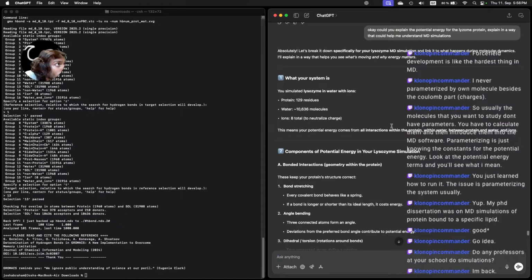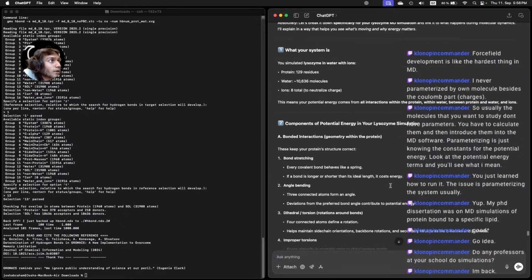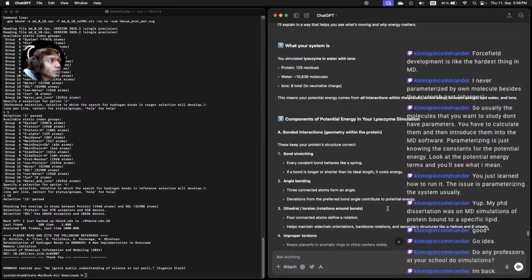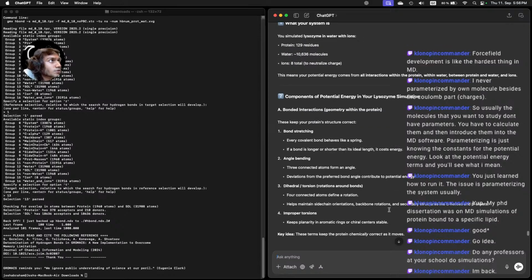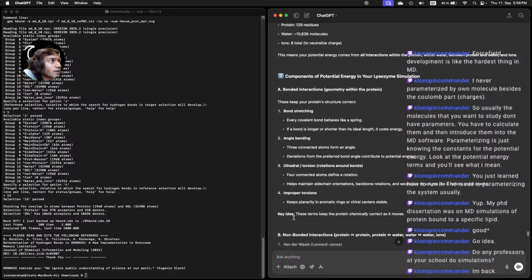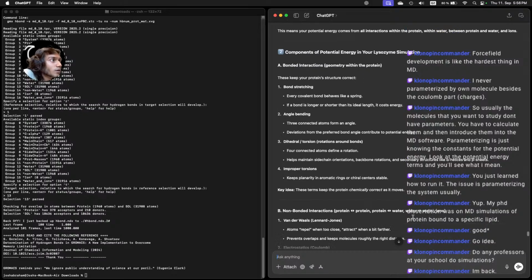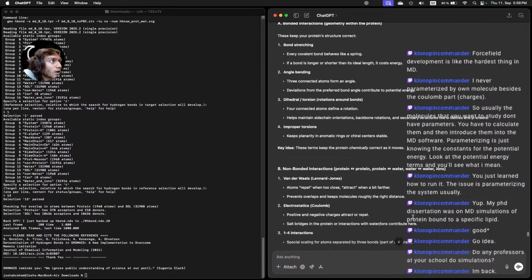Components of potential energy in your lysozyme simulation: bonded interactions, angle bending, dihedral torsions, improper torsions. Key idea: these terms keep the protein chemically correct as it moves. Non-bonded interactions.